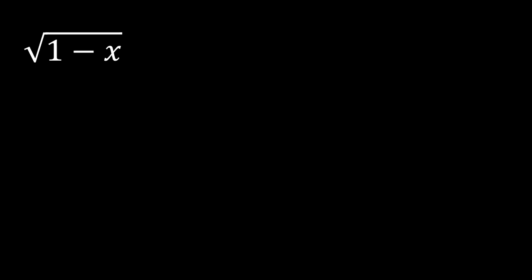So we're going to start with square root 1 minus x. Then we're going to have negative 1 over 2 square root 1 minus x. And now this is to the negative 1/2 power, so we're going to multiply by negative 1/2, but we're also going to multiply by -1 just because of the chain rule. So we're going to have negative 1/4, 1 minus x to the 3/2.